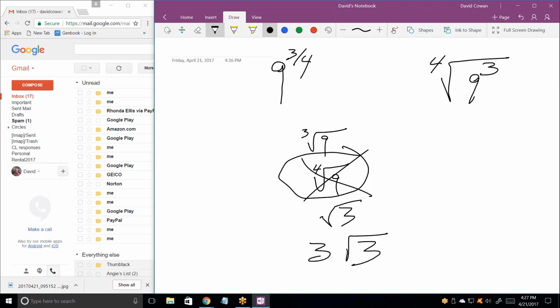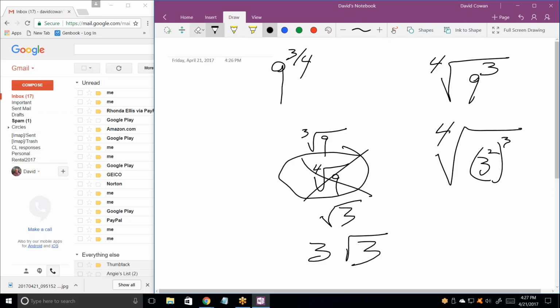Well, the 4th root of 9 cubed is the same as the 4th root of 3 squared cubed, which is 3 to the 6th. And now we're going to be able to get to the solution, I think. The 4th root of 3 to the 6th.